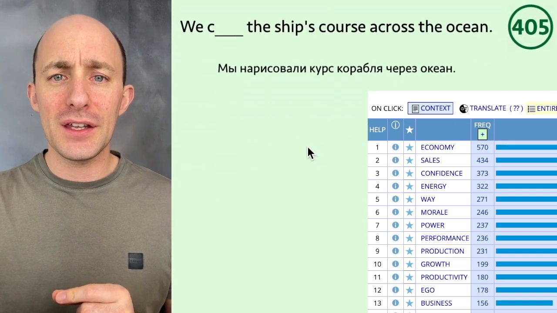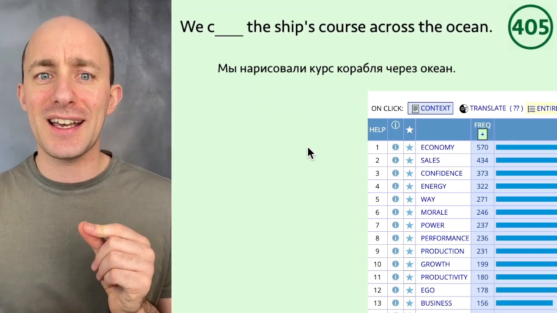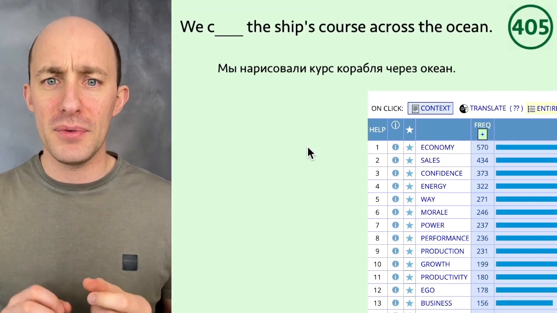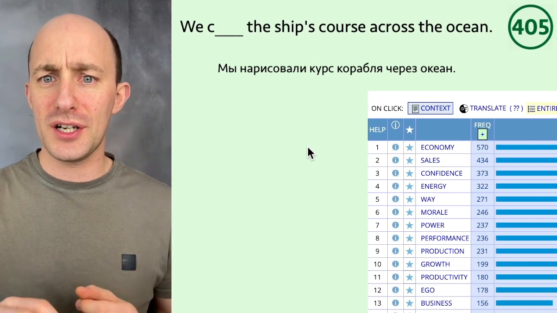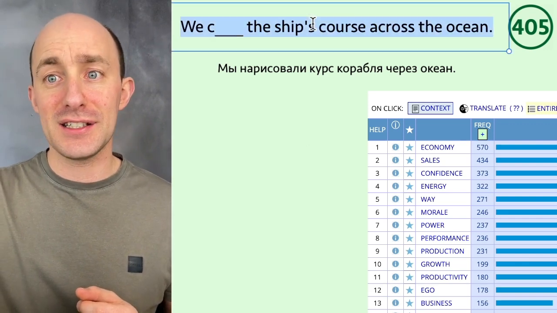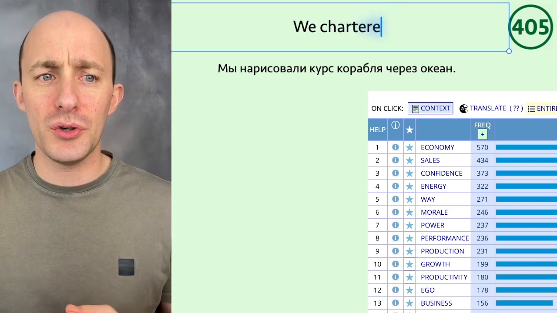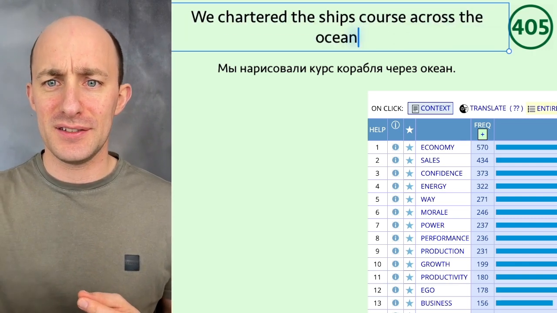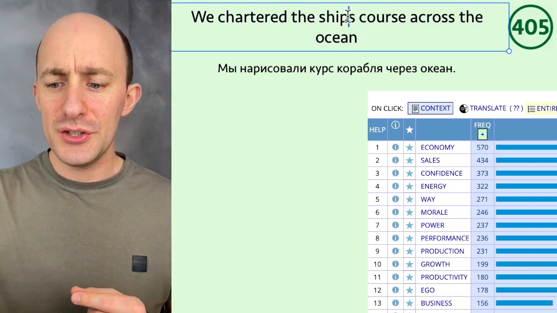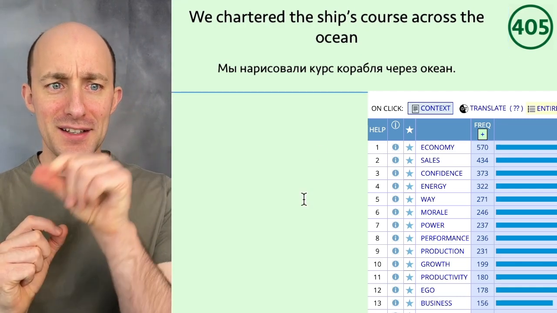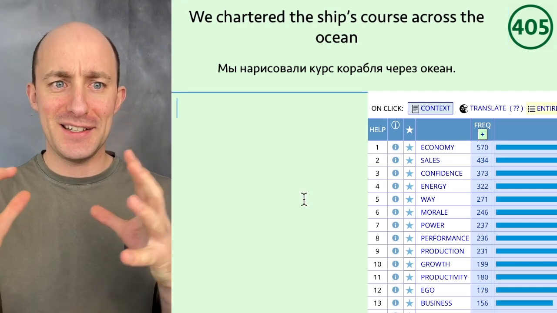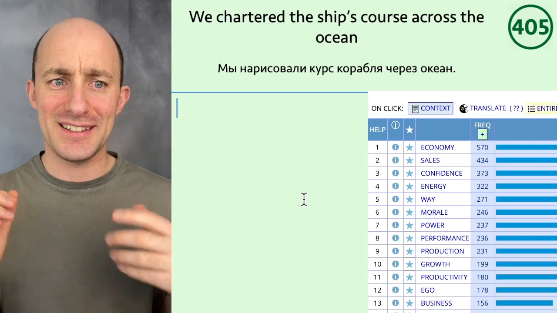And the word chart can also be used as a verb. Мы нарисовали курс корабля через океан. You can say, we charted the ship's course across the ocean. To chart something is like нарисовать, to put it onto a chart, into a diagram.